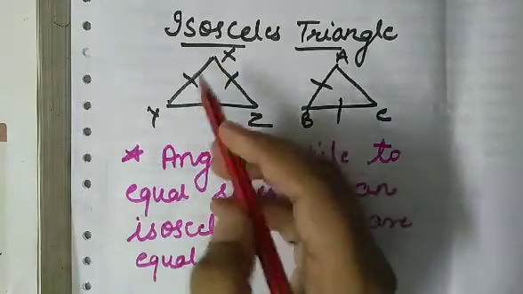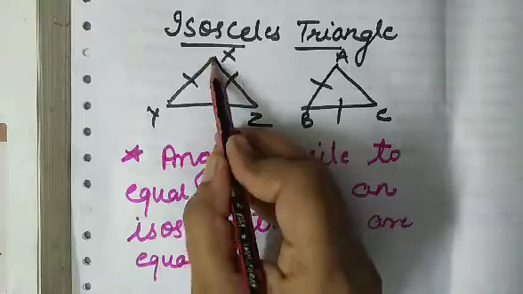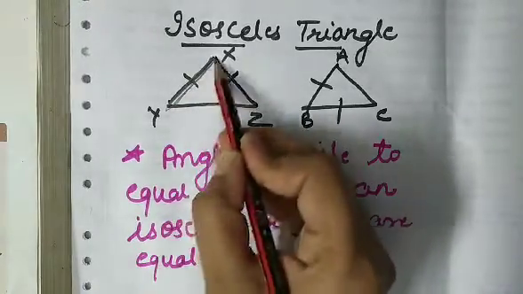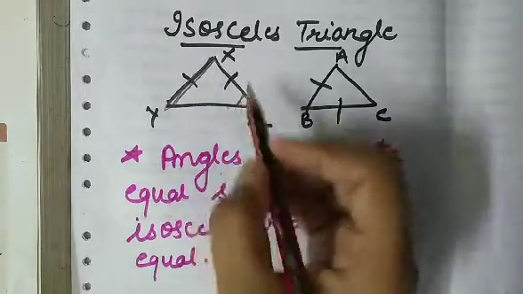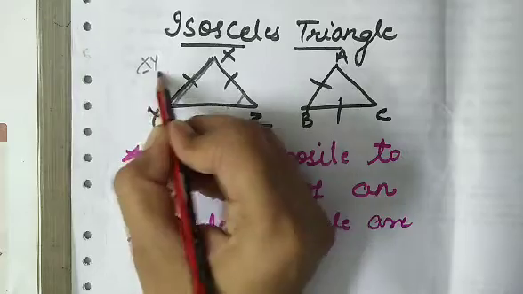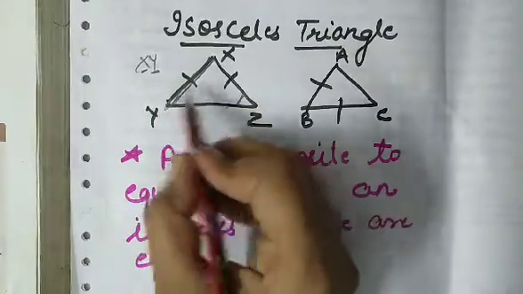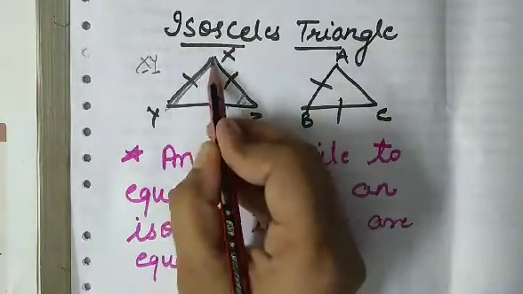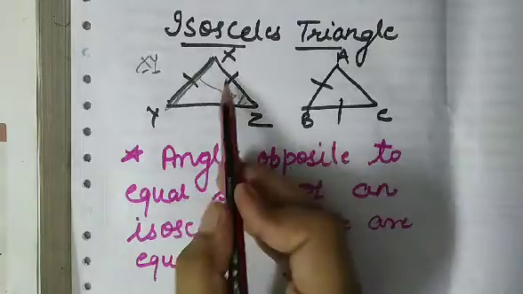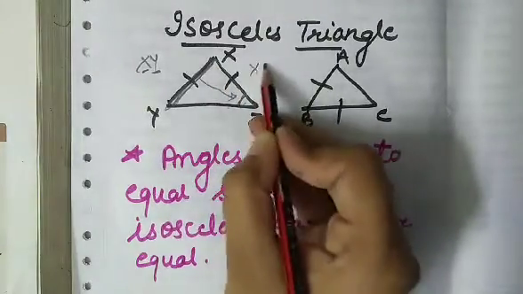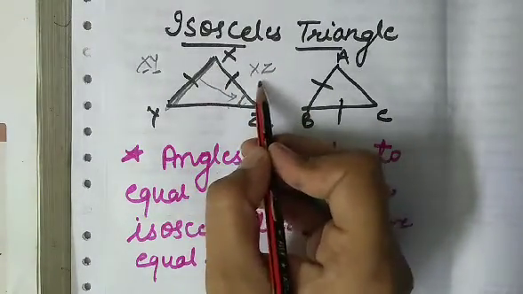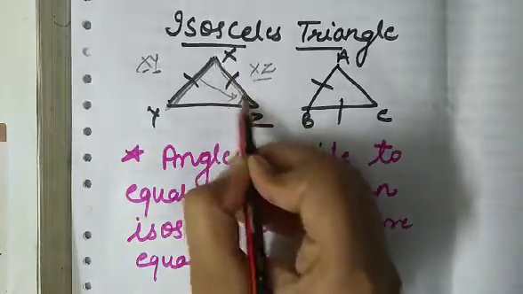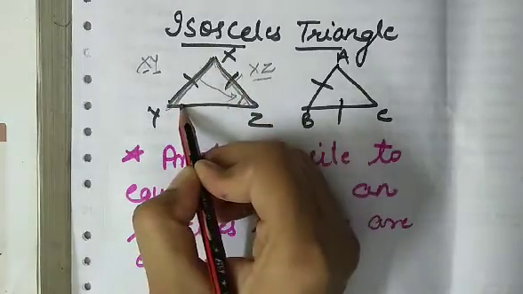The angle opposite to side xy will be z, because xy is formed with x and y. So which vertex is missing? Z. So opposite to xy we have z. And opposite to xz, now which one is missing? Y is missing. So opposite to xz we have angle y.